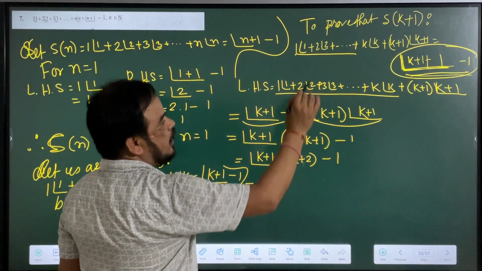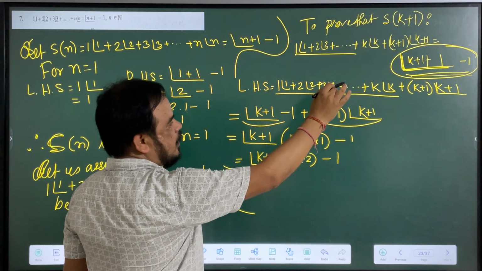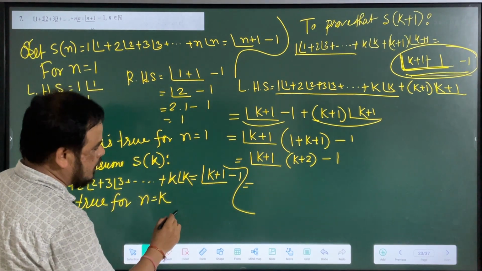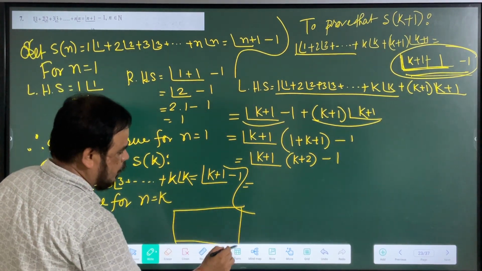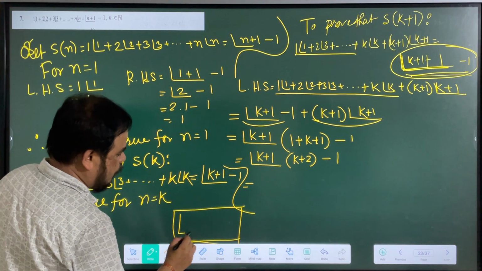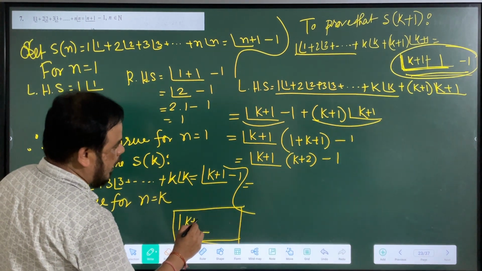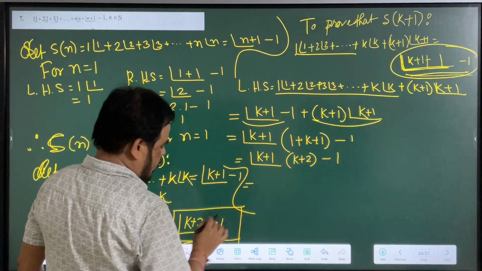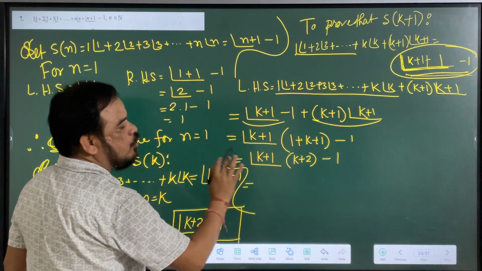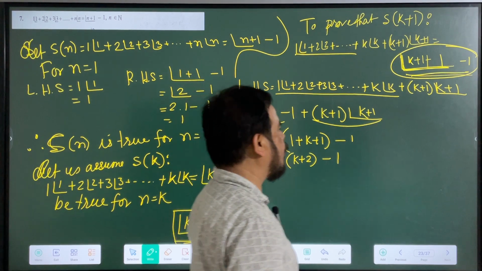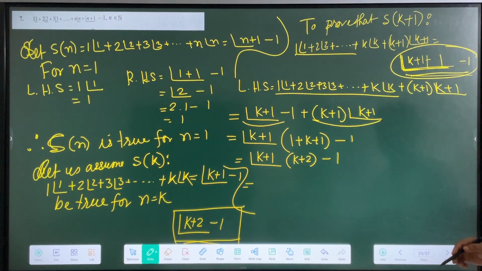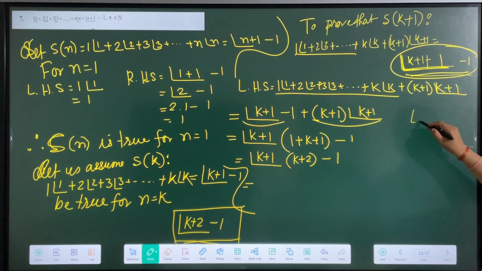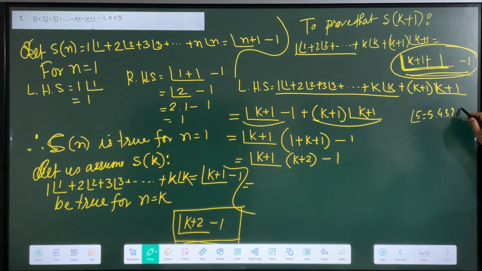Actually what is there in right hand side? Let me write inside the box, factorial k plus 2 then minus 1. Minus 1 we have with us, but factorial k plus 2 we don't have with us. Now I will show you some example. Already I showed this example in previous video. Factorial 5 means 5, 4, 3, 2, 1.